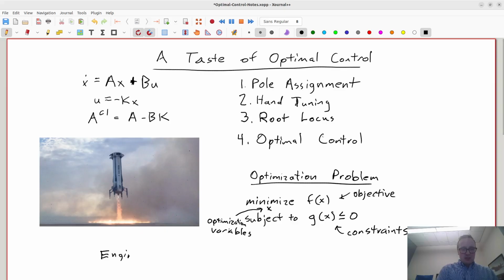So we as engineers, when we're doing optimization, specify f and g, and then we let the computer find the value x star that minimizes f of x subject to the constraints.